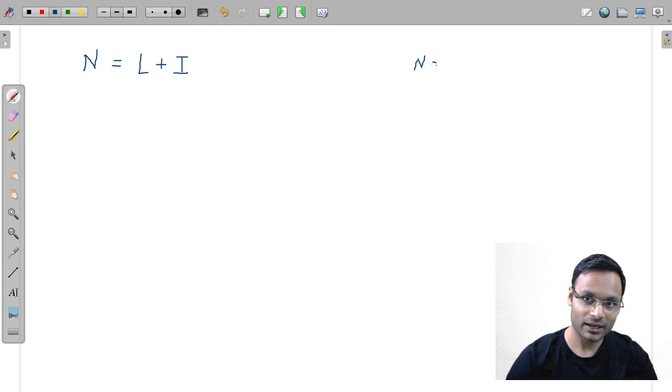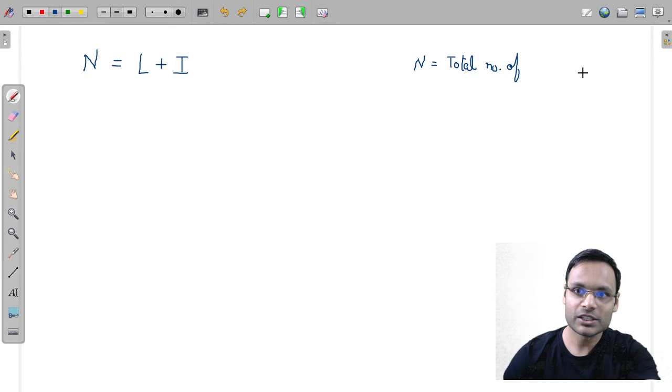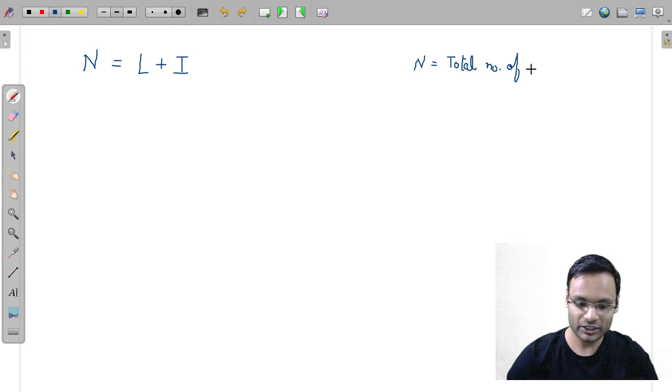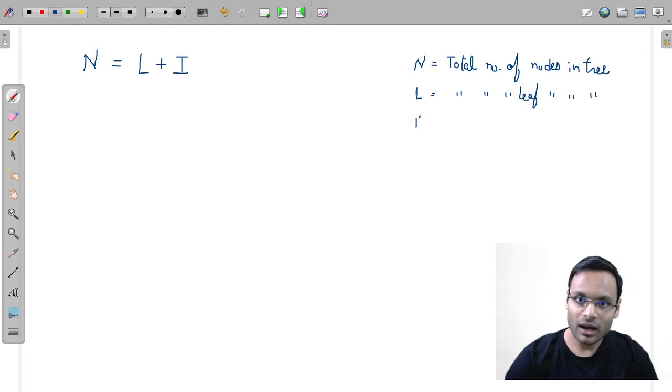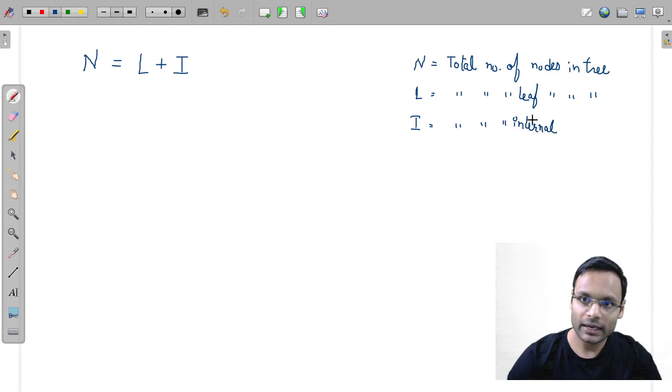Yes. N is the total number of nodes in the tree, L is the total number of leaf nodes in the tree, and I is the total number of internal nodes in the tree.